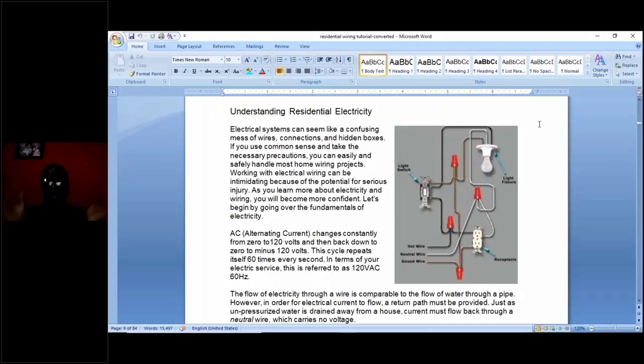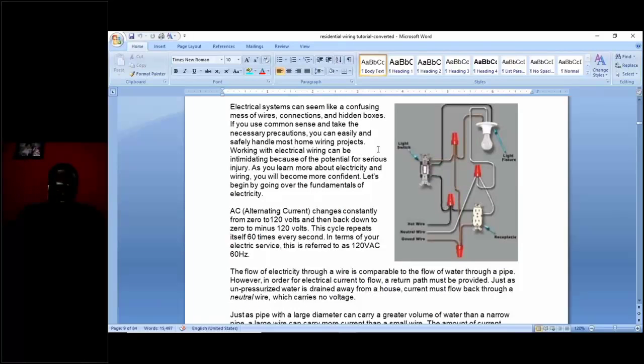But if you use common sense, like I said initially, and take necessary precautions, you can easily and safely handle most home wiring projects.